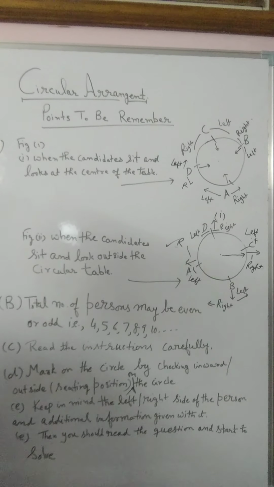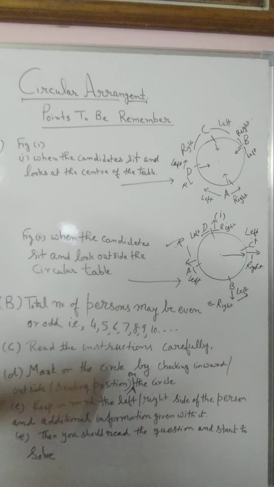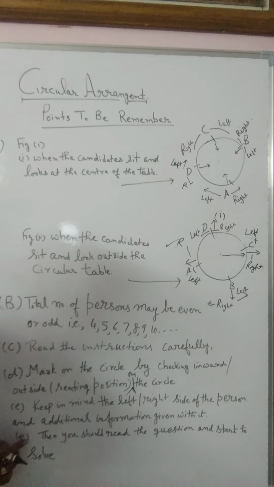Thereafter we will come to condition number 4, 5 or condition number 6, 7 of the question, what is given, and on the basis of these we will complete the circular form of the sitting of the candidates. That is why I have given the conditions E and F separately.